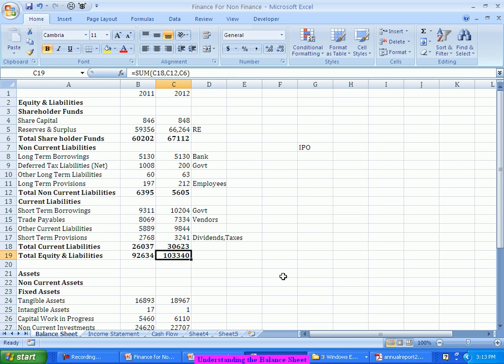So in short, the equity capital in the company is 6,711 crores, which means the investment from the investors is 6,711 crores, whereas the loan is 513 crores, or probably short term and long term put together.